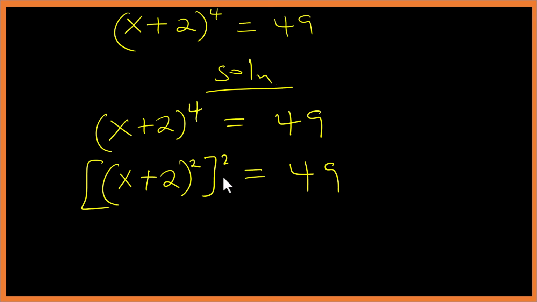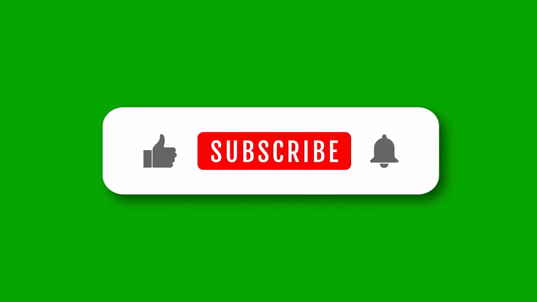The reason is, if I send this one in, it will be minus, and we can change this 49 to 7 squared, which will pave way for the difference of 2 squares. So from here I can say (x plus 2) squared minus 49, which is 7 squared, is equal to 0.